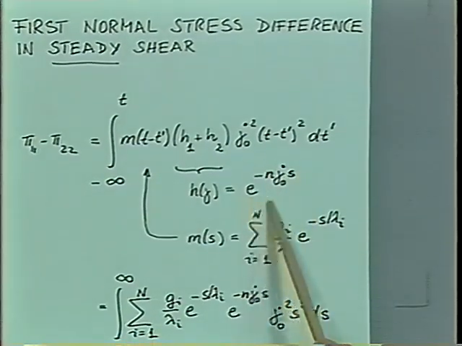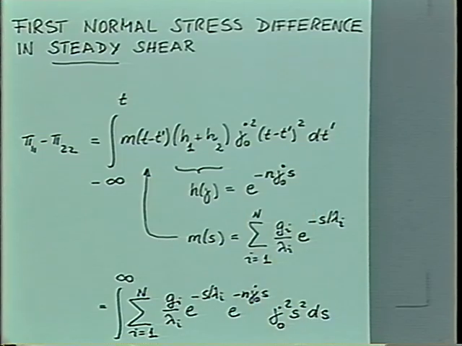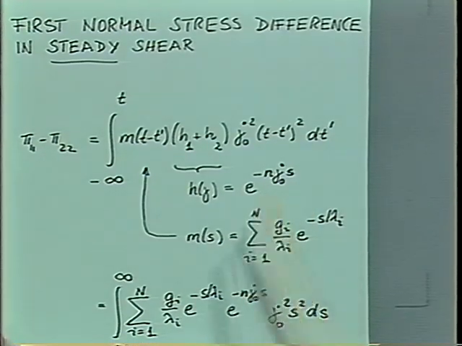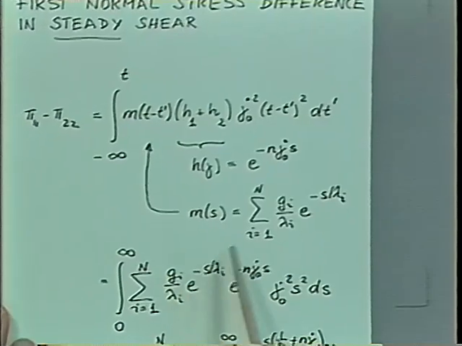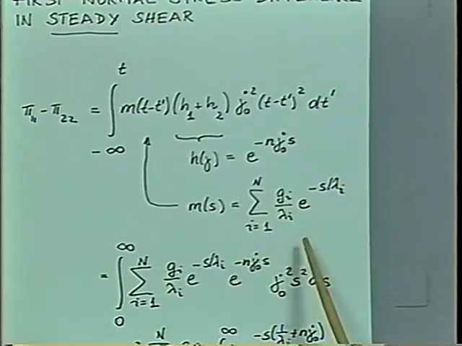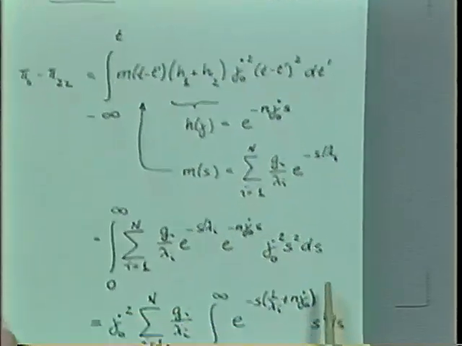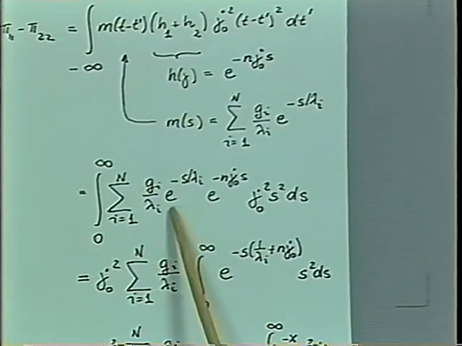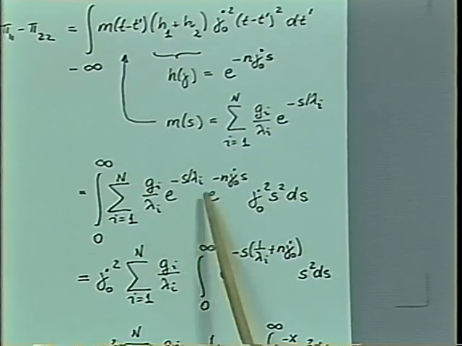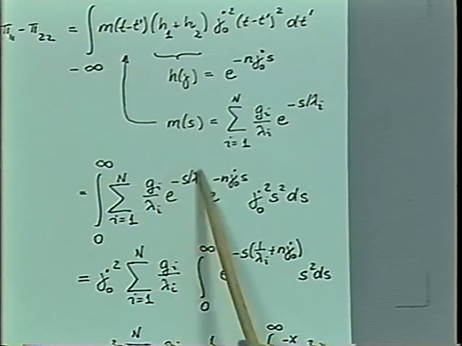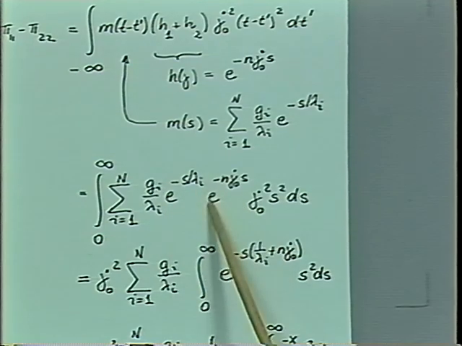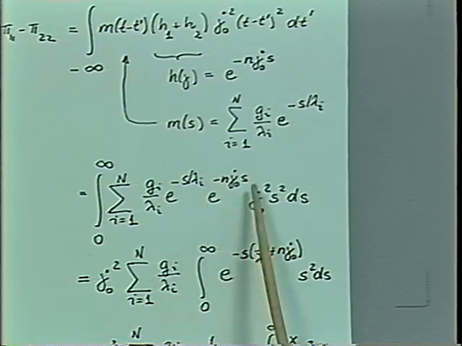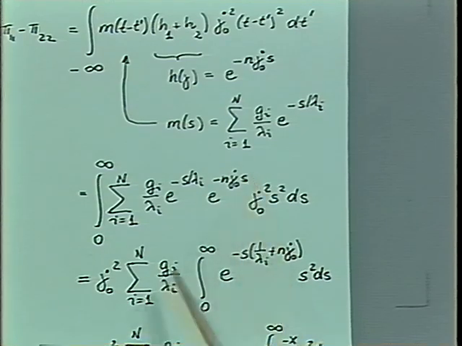Model them with a function like Wagner proposed, and we take a discrete spectrum for the relaxation times, introduce everything here, so we have the exponential function from the time dependence and the exponential function from the strain dependence. That's actually why Wagner looked at this simple representation. It's so easy to combine.